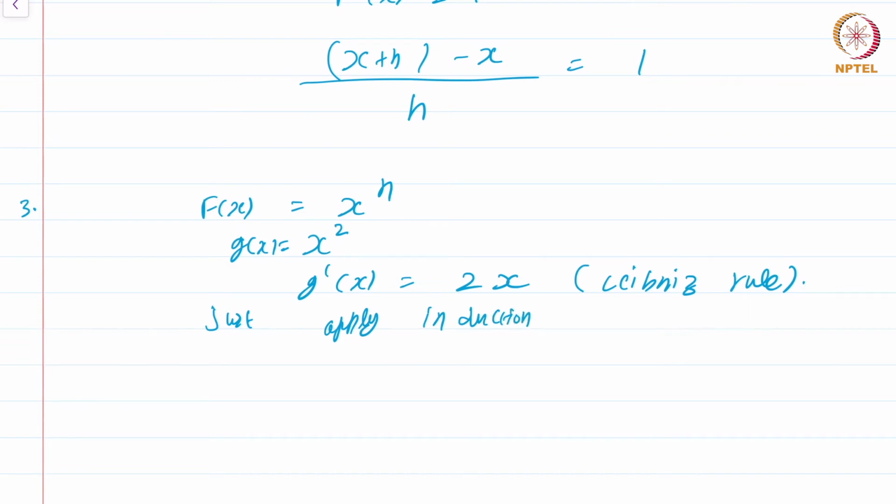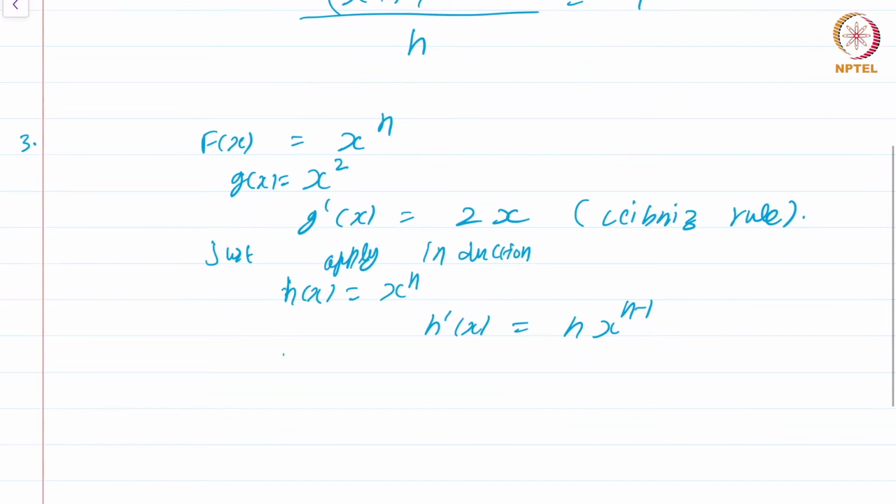That is, assume that the derivative of x power n, if you take x power n, let's call this h of x, then h prime of x is n x power n minus 1. Then if you want to differentiate x power n plus 1, just apply this Leibniz product rule. This is just x into x power n.